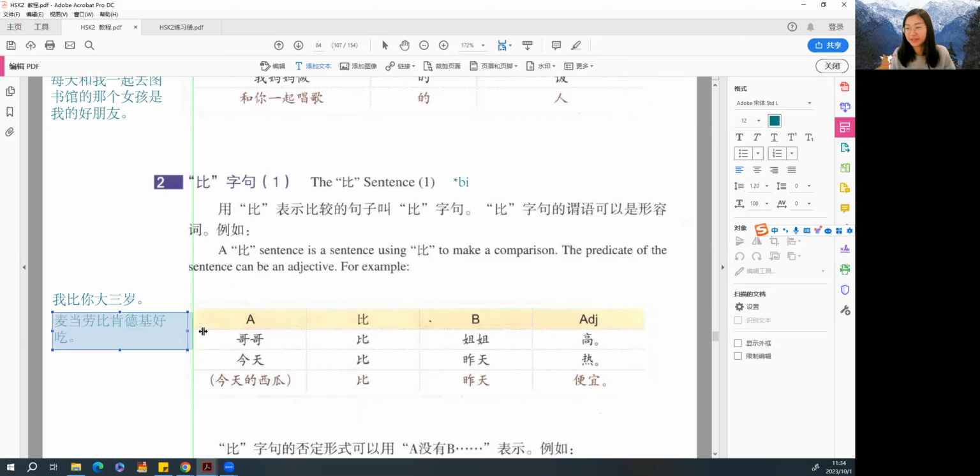Or we want to have some details, that the hamburgers made by McDonald's are more delicious than those in KFC. In this sentence, we are going to say, so we've learned in our first part, the hamburgers made by McDonald's. How do we say this word? With the 的 here.